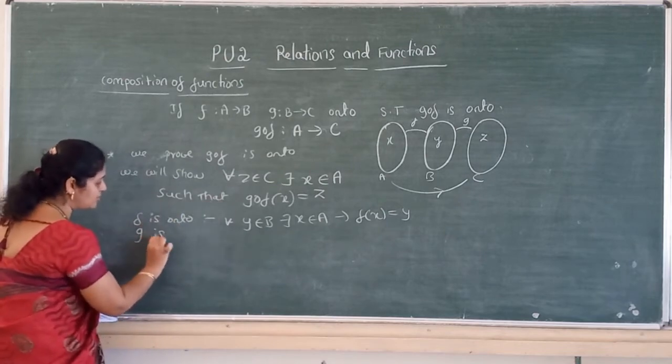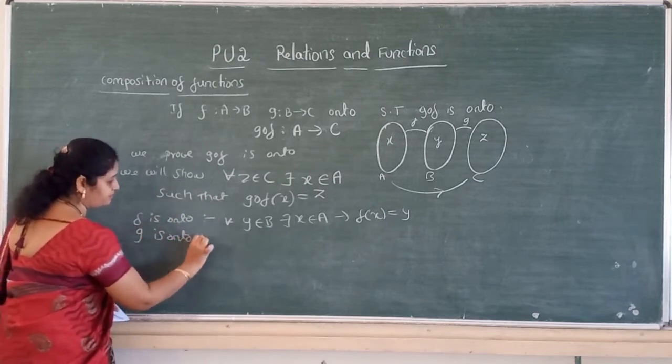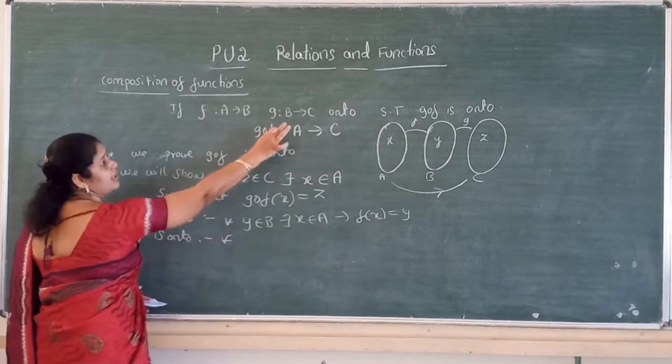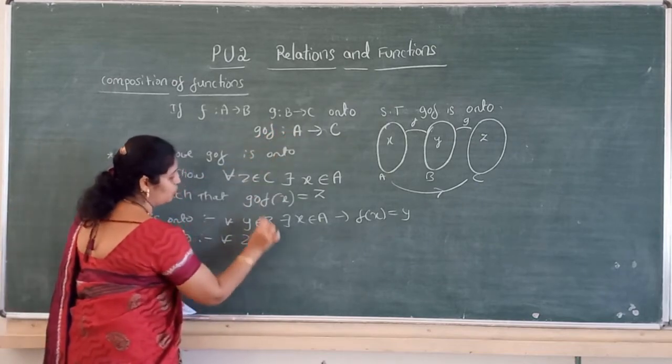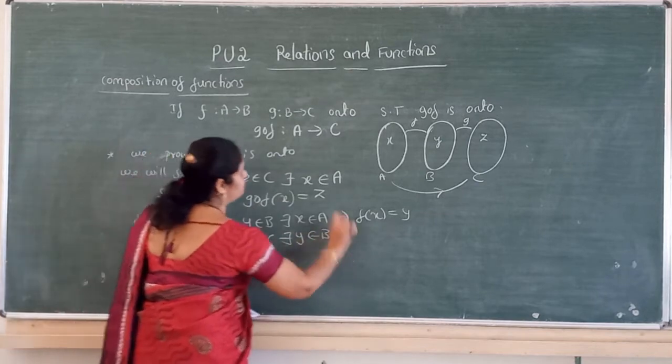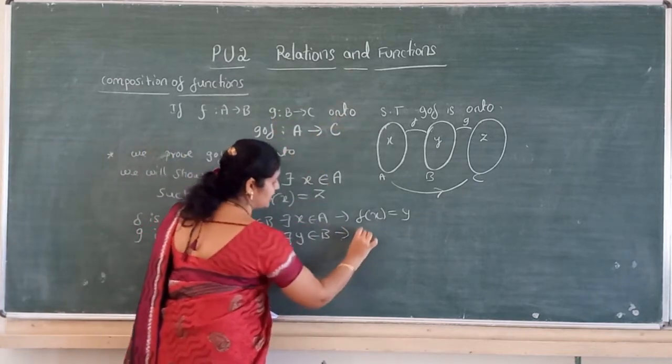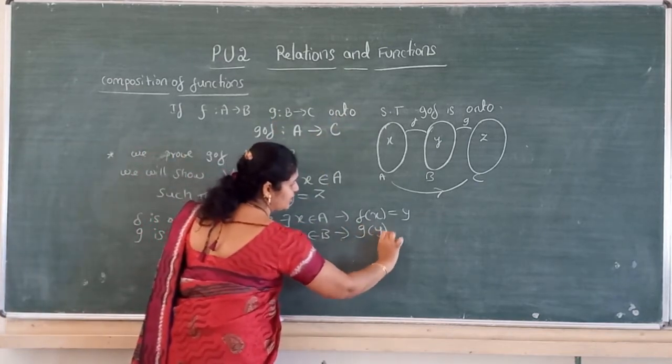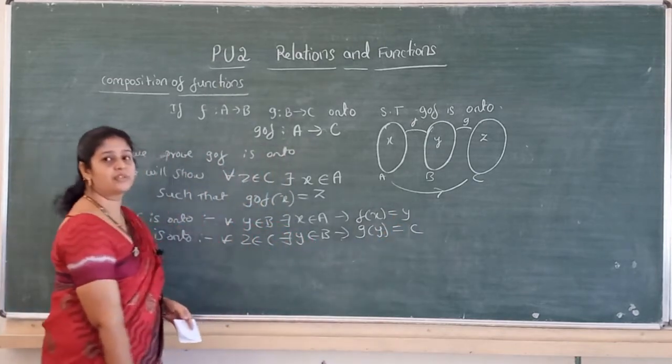G is onto means for every z belongs to C, there exists some y belongs to B such that g of y is equal to z.